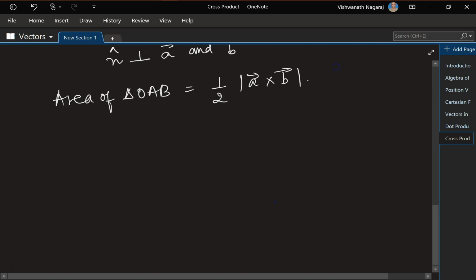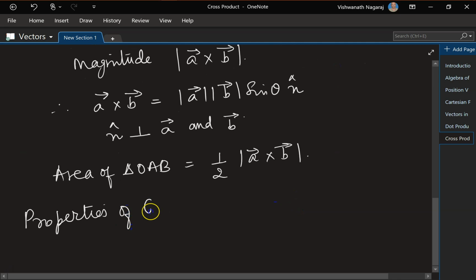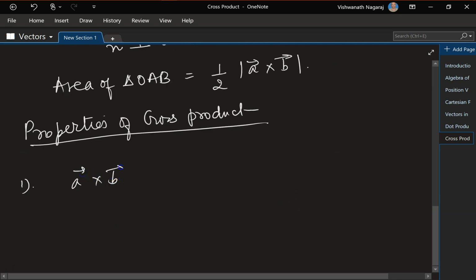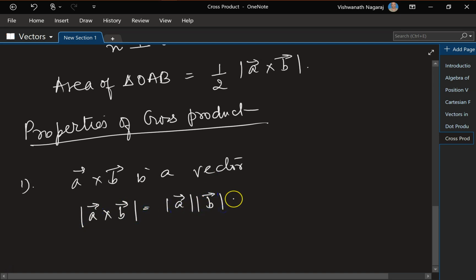Now let's look at some properties of cross product. A cross B is a vector. Magnitude of A cross B is equal to magnitude of A, magnitude of B, sine theta. Direction is along n cap, which is perpendicular to both A and B.